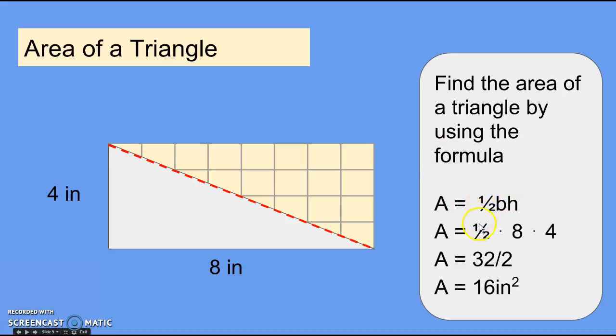So we have 1/2, our base is 8, our height is 4. So we multiply the 8 times 4, which is 32. We take half of that, which is 16. And if you recall, the area of our rectangle was 32. Half of that is 16.